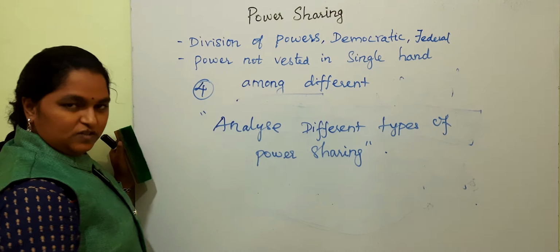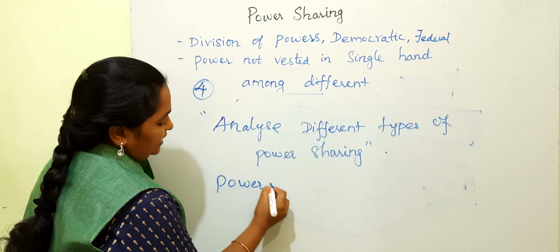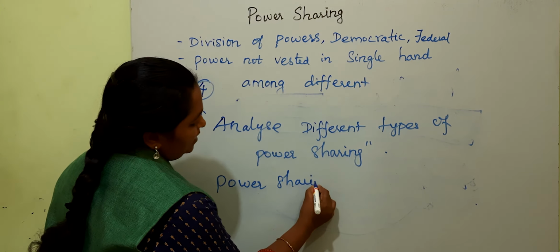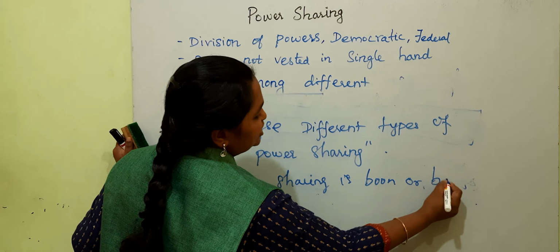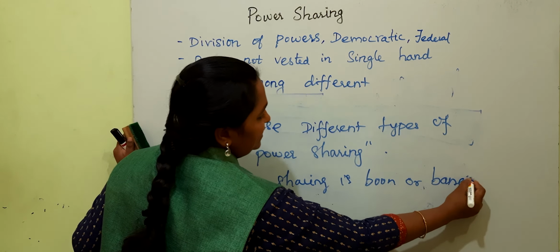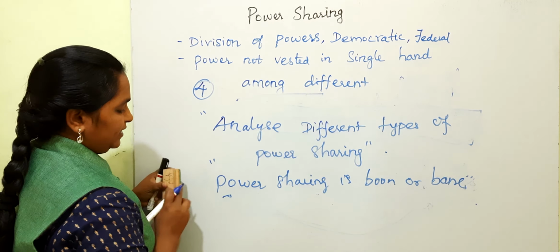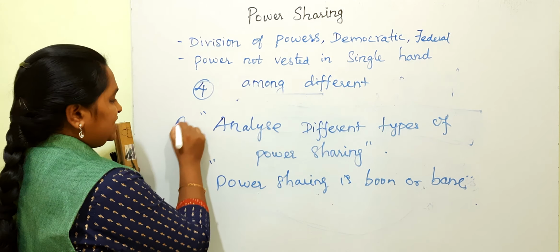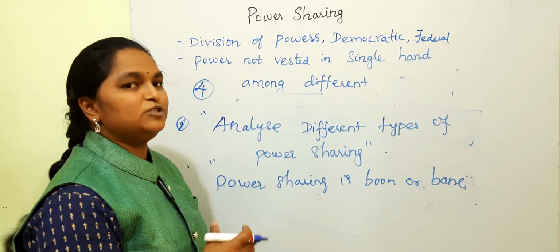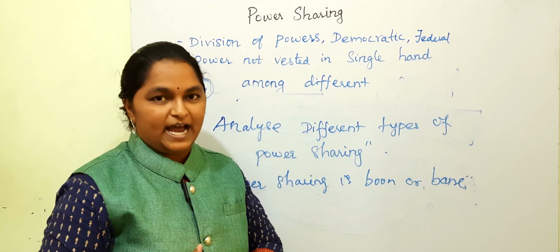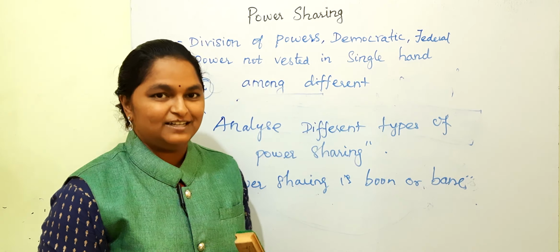Otherwise: power sharing is a boon or bane to our country; justify your statement. These two questions have the same answer; only the way of writing the answer differs. So give subheadings and headings, highlight your important points, and write the home test. Prepare for your good exam.